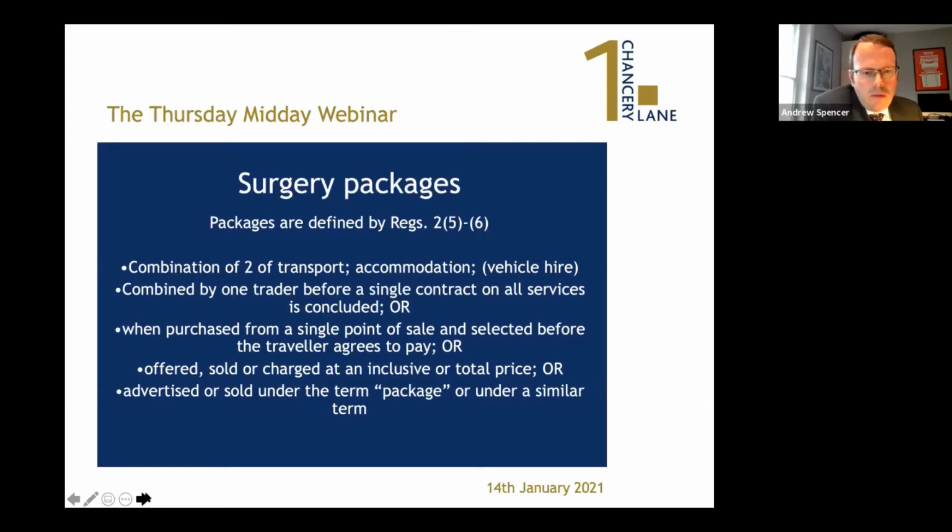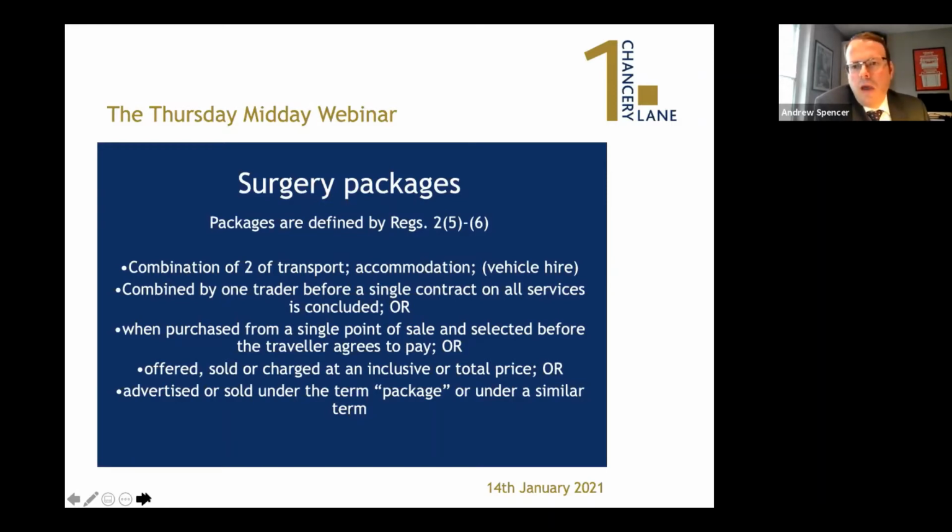The combination has to be combined by a trader before a single contract on all services is concluded. Or this can be purchased from a single point of sale and selected by the traveller before the traveller agrees to pay, or offered, sold or charged as an inclusive or total price, or advertised or sold under the term package or a similar term.